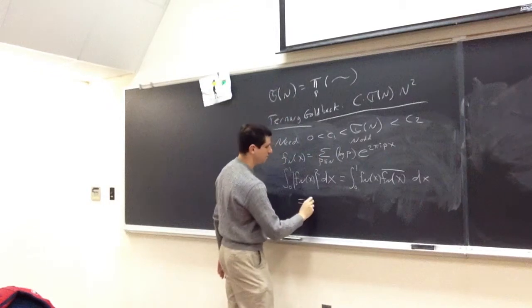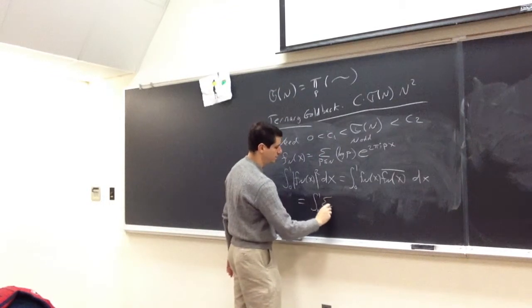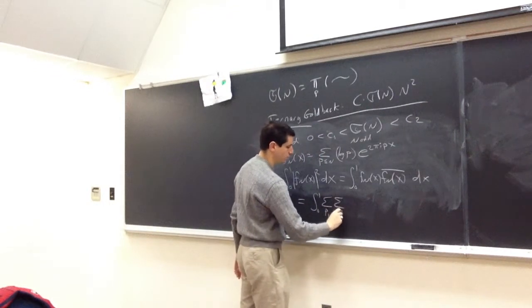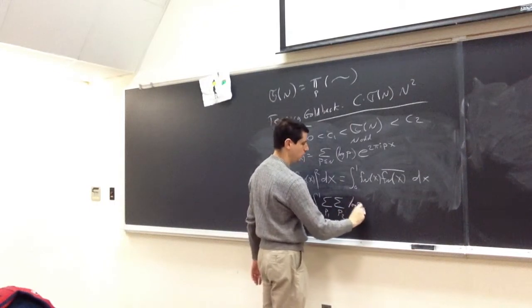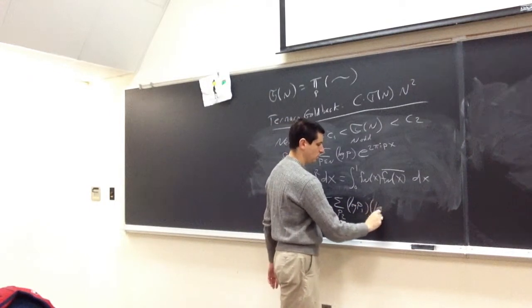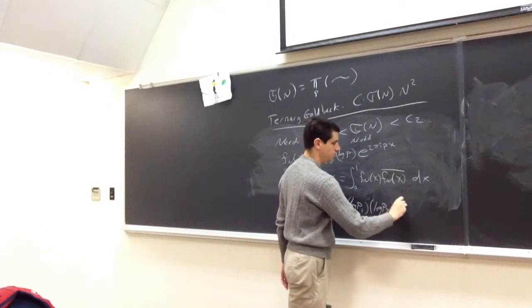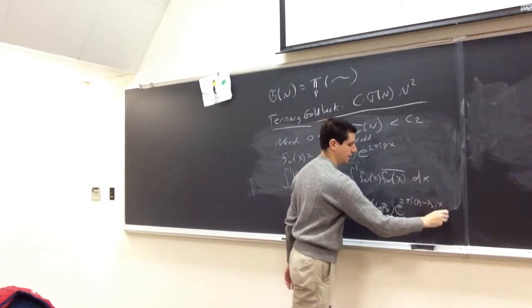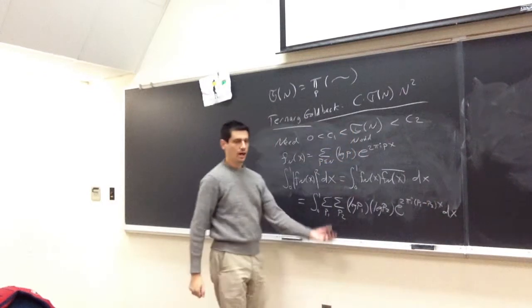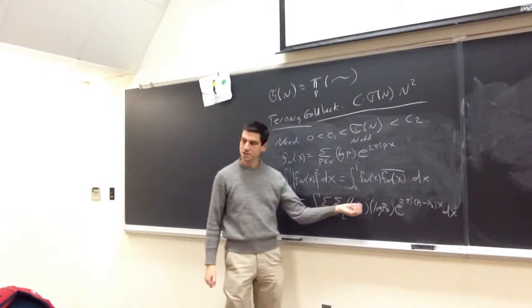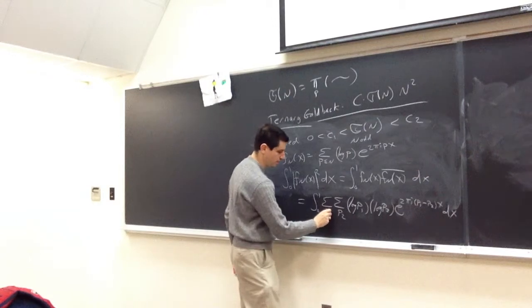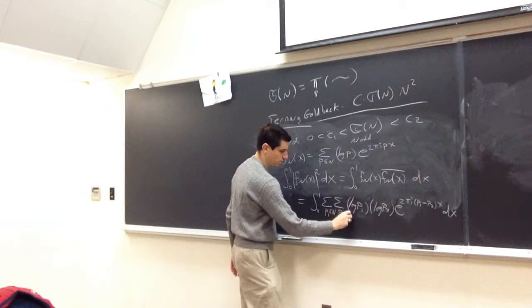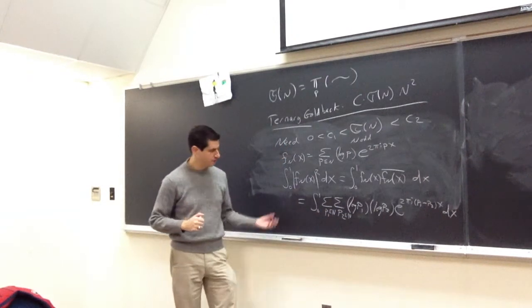And so what we get is the integral from 0 to 1, the sum over p1, the sum over p2, of log p1 log p2 e to the 2 pi i (p1 minus p2) x dx. And when we look at this, everything is finite. These primes are at most n. We can switch orders at our heart's content.